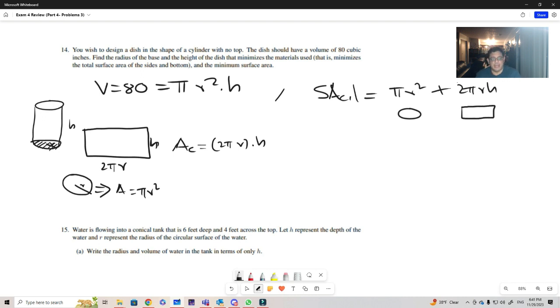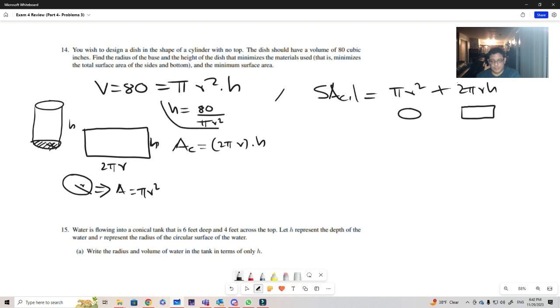Okay. Now this has an issue because this is still a function that depends on r and h. So we need to transform it into a function that has a single variable. So because we have an amount for the volume, we can say, well, h is 80 over pi r squared.